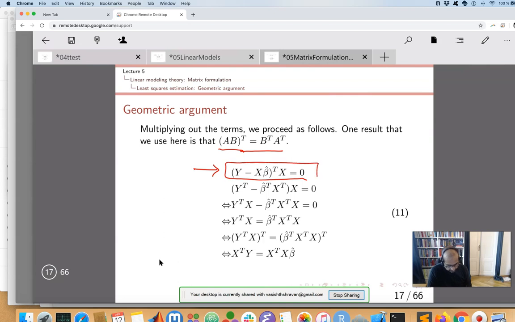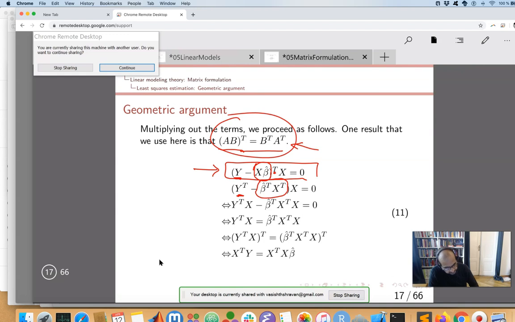The first thing I'm going to do is use this result to undo the transpose that is around the bracket. So y becomes y transpose, because I'm moving all the transposes inside the brackets, and x beta hat will now become beta hat transpose x transpose. That's because of the result that I just showed you.